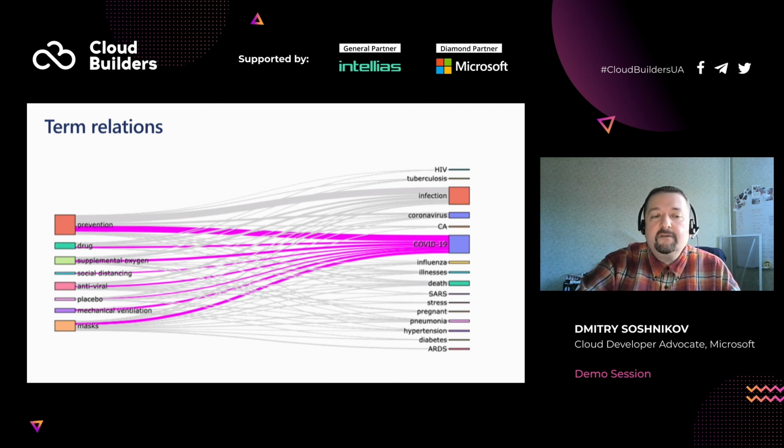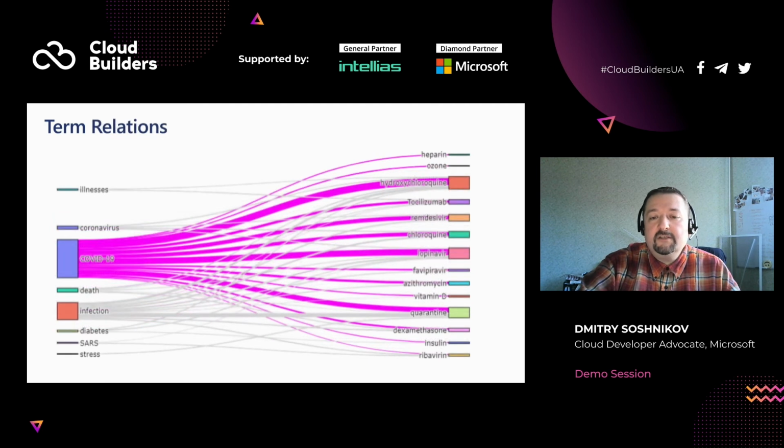You can, of course, build the same relations for other types of entities. For example, this is the relation of diagnosis and medicine. And you can see with COVID-19, hydroxychloroquine and lopinavir are the most popular. Then quarantine is also very popular as a medicine, and you can see the popularity of others.